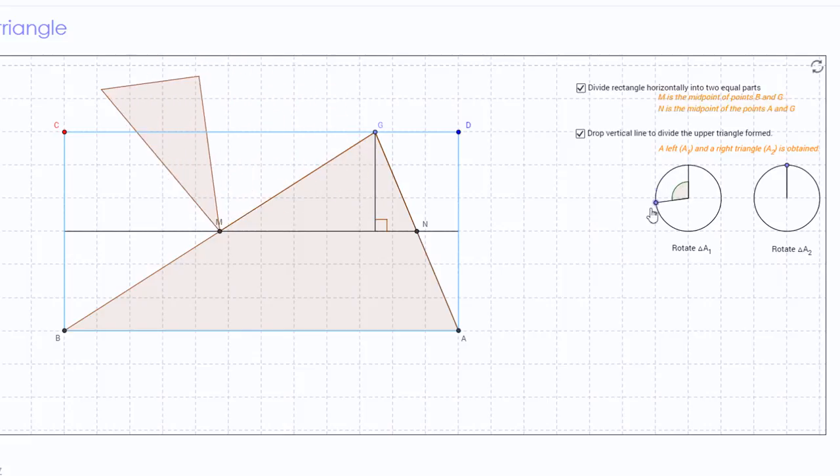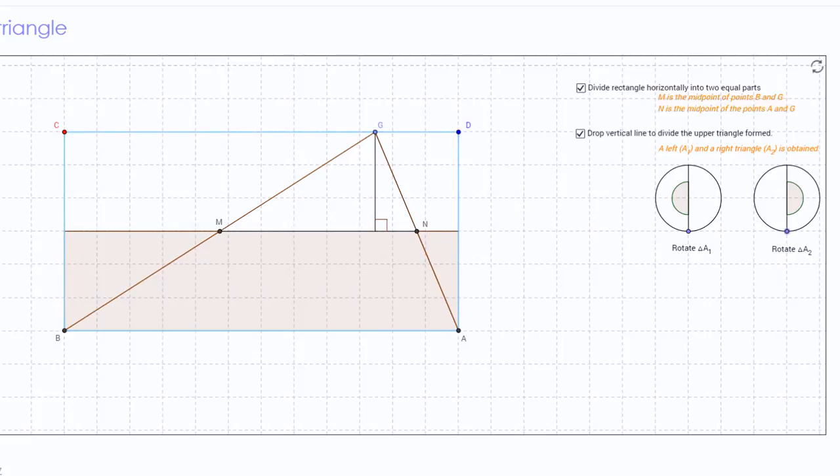I'll move that one to fill that gap, and then I'll move that one to fill that gap. All right. So the resulting shaded area is basically half of the original rectangle.